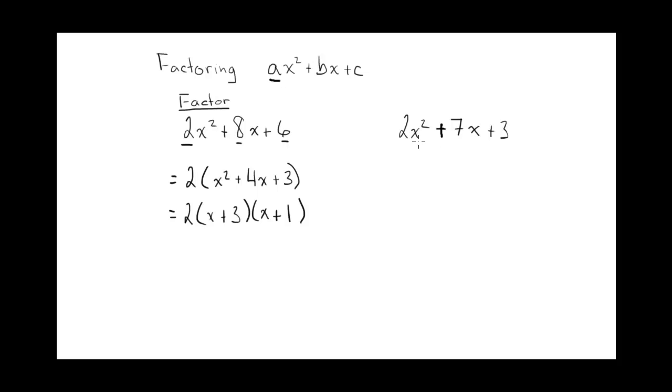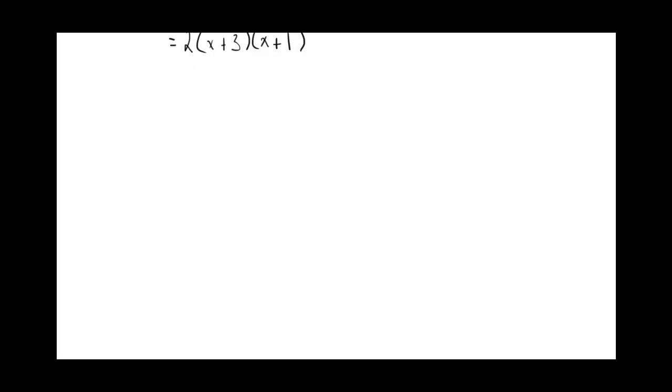But this still might be a product of 2 binomials. And let's see how we might get something like this. Let's again remember that factoring is the opposite of expanding. Let's say you had 2 binomials like this, (2x plus 1)(x plus 3), and you were asked to expand.